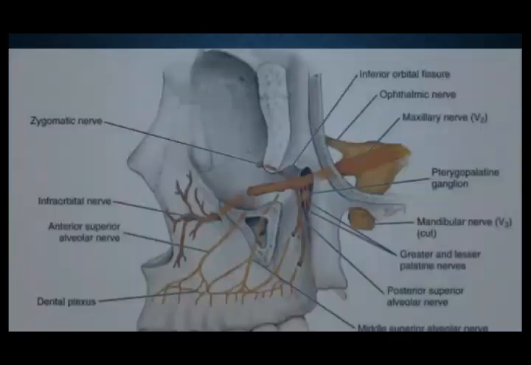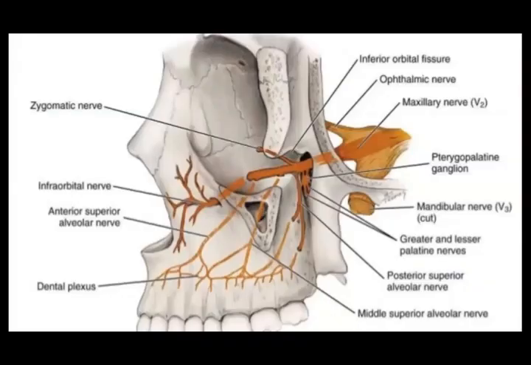Okay, this is an anatomy diagram, in which you can see this is the region where the infraorbital nerve is giving a branch that is known as the anterosuperior alveolar nerve.